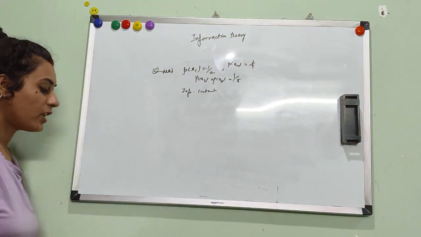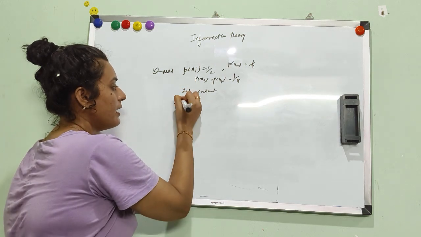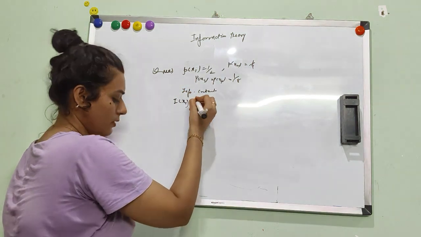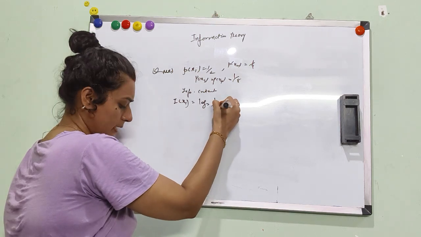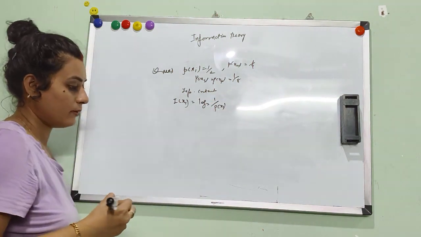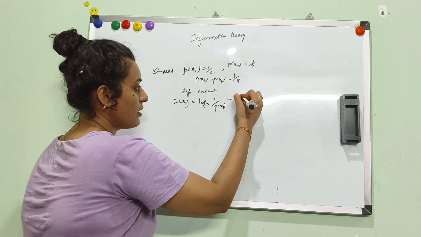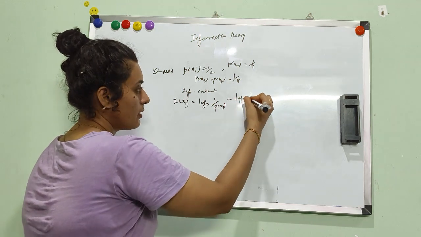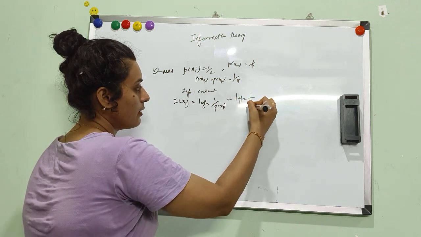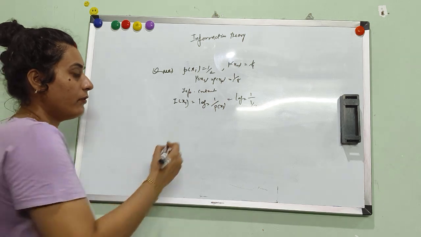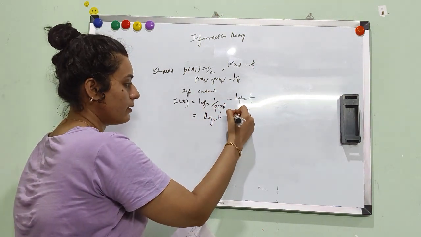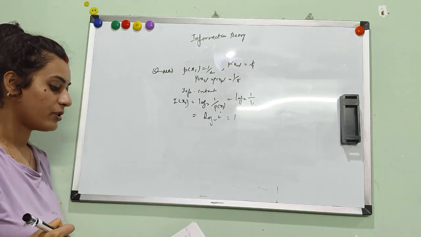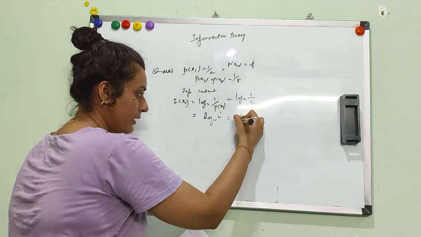So how am I going to calculate? I(x1) is log 2 of 1 upon P(x1). Writing the P(x1) value, from here I get log 2 to the power 1, that is 1. Here the information content value is 1 bit.